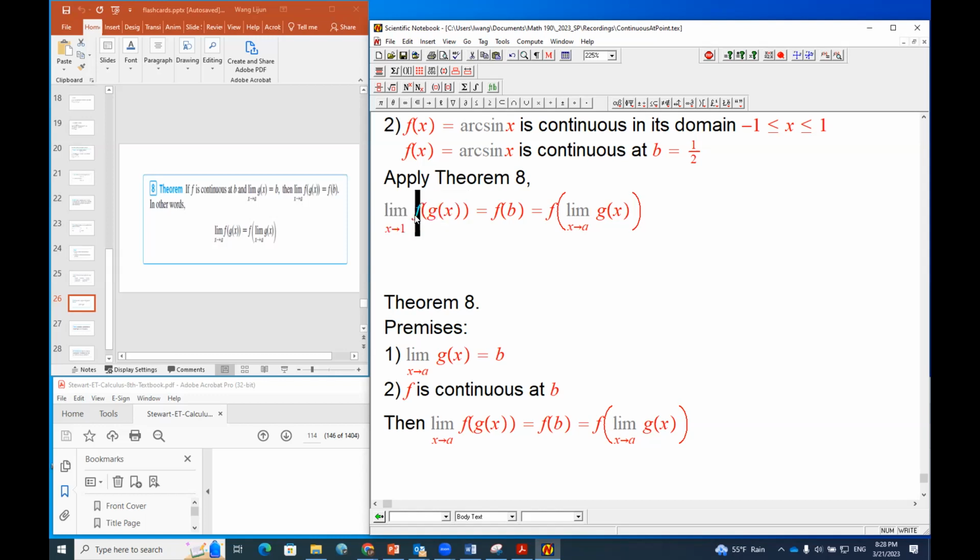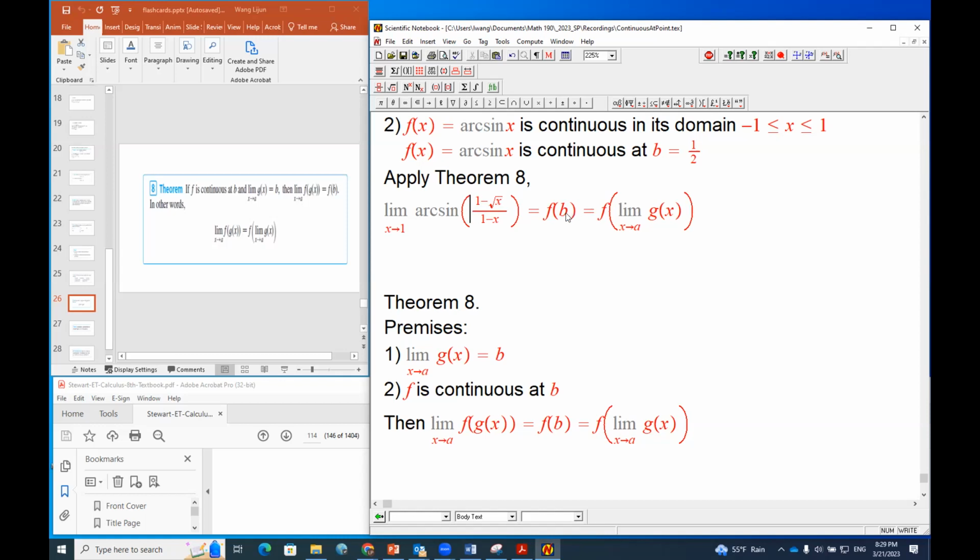That's arcsine of 1 minus root x, 1 minus x, and what does that equal to?